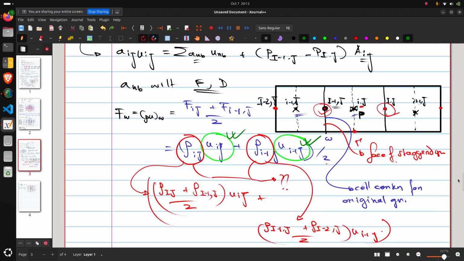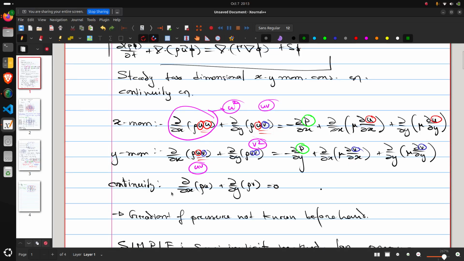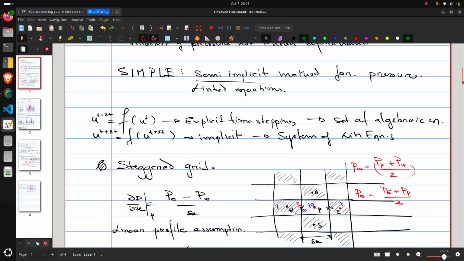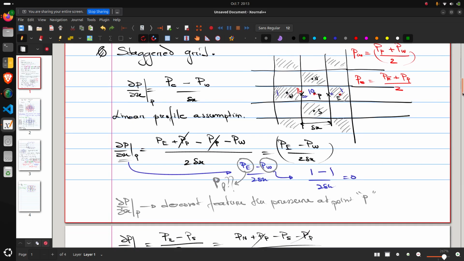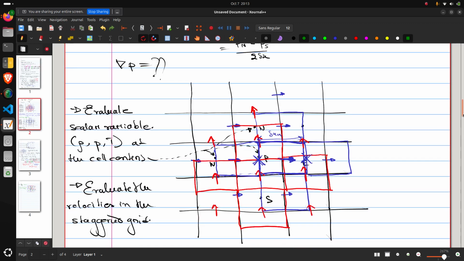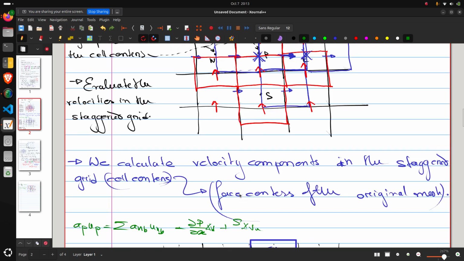So I think till now it is quite clear. Your governing equations are done. Then we saw how the staggering helps in avoiding the checkerboard pattern. Then we said that we will use a staggered grid for storing and solving the velocity components, and the normal, original grid for storing the scalar variables, which are nothing but rho, p, T, the gammas and all other scalar variables.